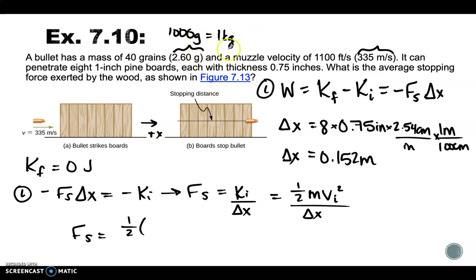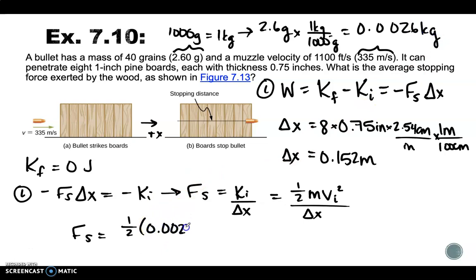So we have 2.6 grams times 1 kilogram over 1,000 grams. We can do that real quick: 2.6 over 1,000, we have 0.0026 kilograms. Okay, so we can plug that in down here. 0.0026 kilograms. And you could have left it in a fraction here, it doesn't really matter.